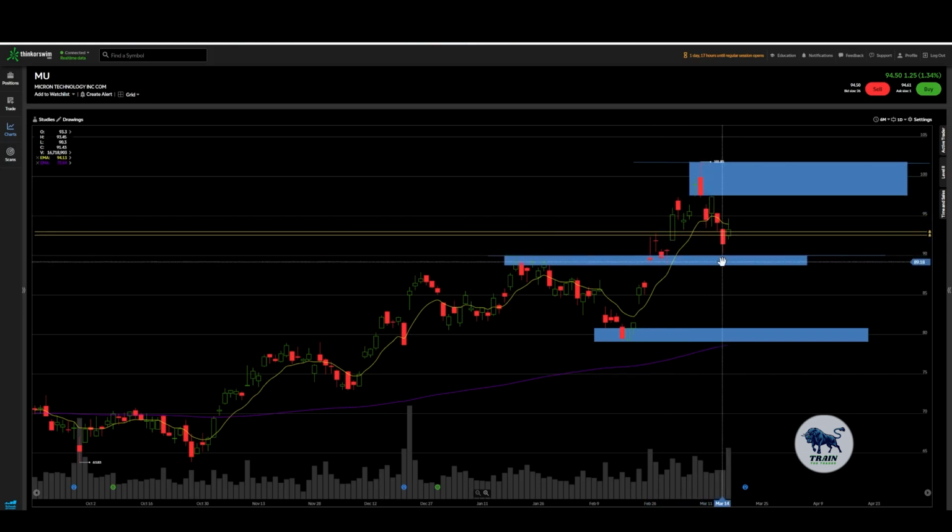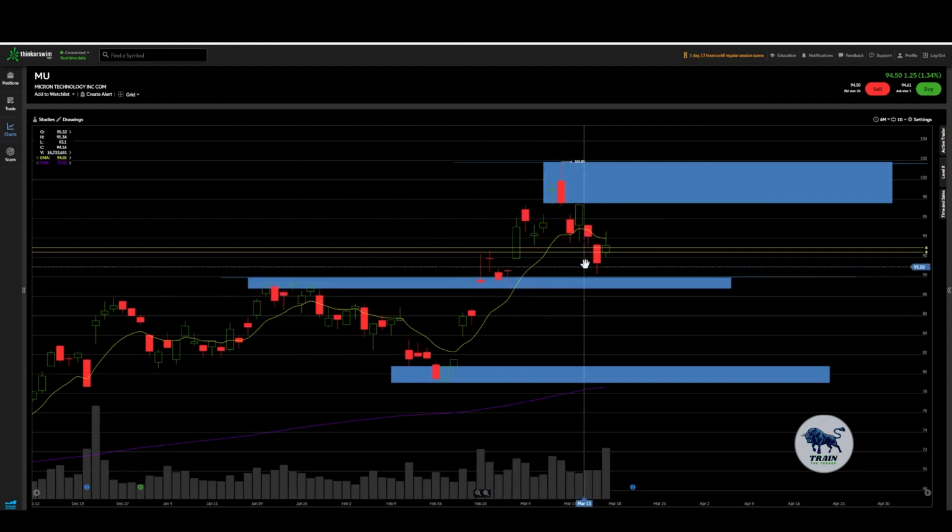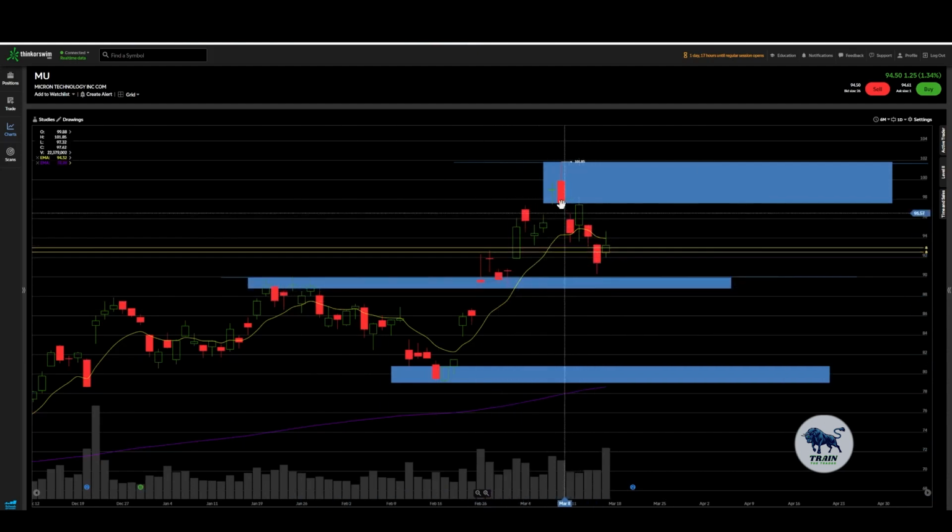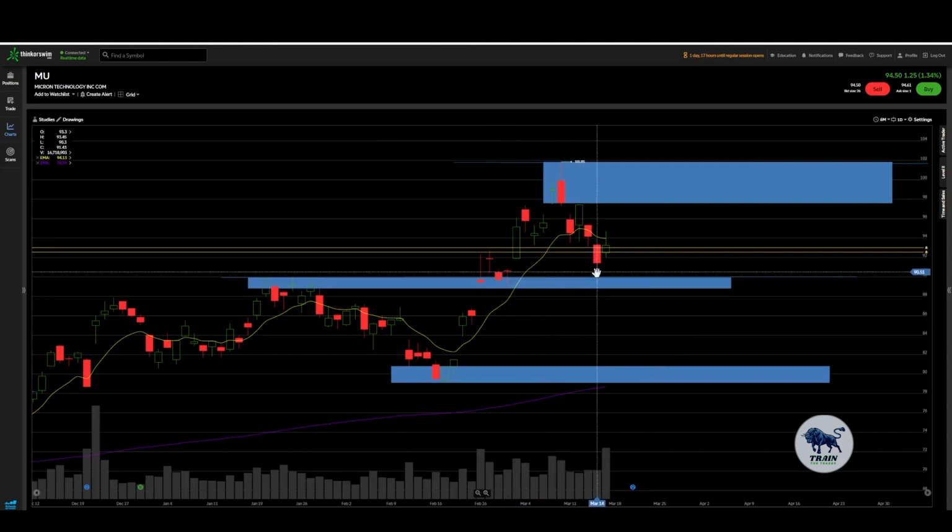That demand zone, to me, is a point of interest because this becomes an area where I could be looking to go long or short in my options plays. So, seeing this and understanding that this is now a demand zone based off of our previous price action, I'm looking for long wick candles just like this red candle right here, to show me just how strong or weak, excuse me, this area is.